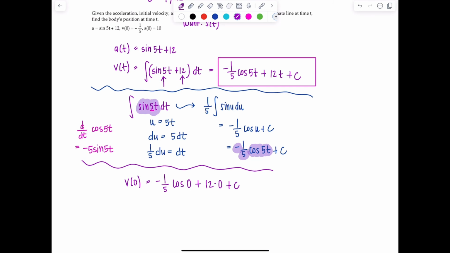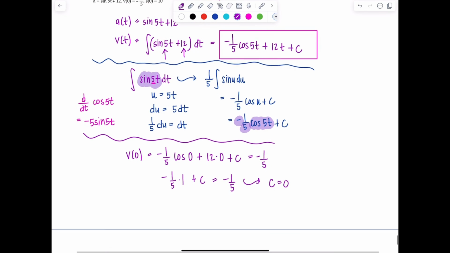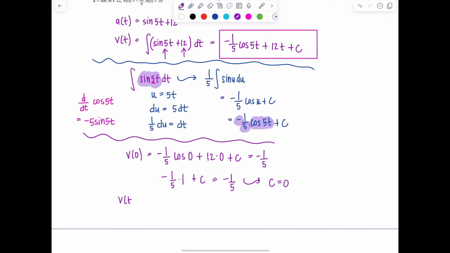And this equals, they told me, negative 1/5. So negative 1/5 cosine of 0, which is 1, plus c equals negative 1/5. So that means c is 0. So v of t is just negative 1/5 cosine of 5t plus 12t plus 0.